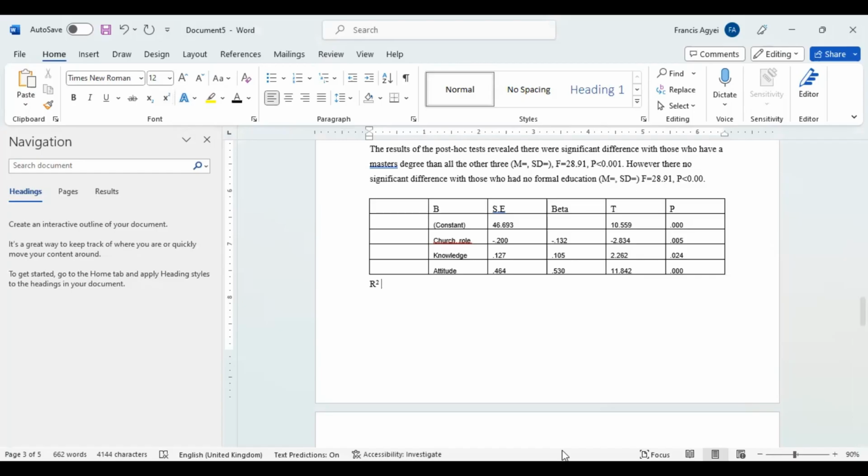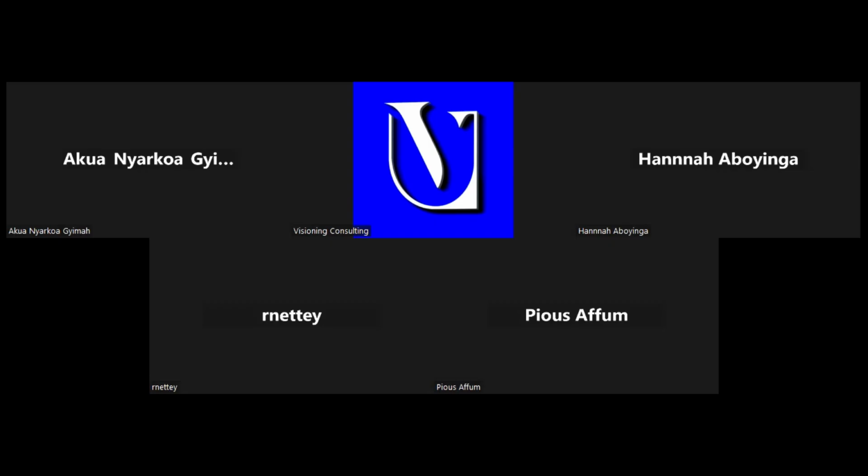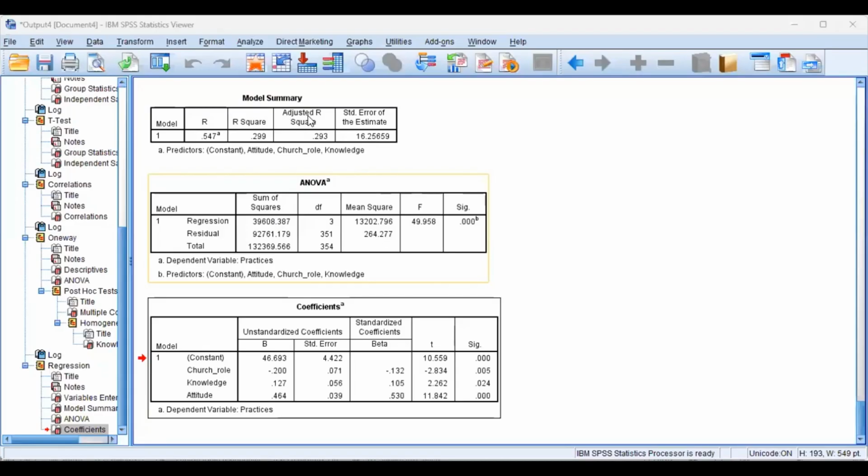So the R squared is in there. Let me show the output table again to teach you where we get the R squared. We get the R squared here in the model summary, this figure here.